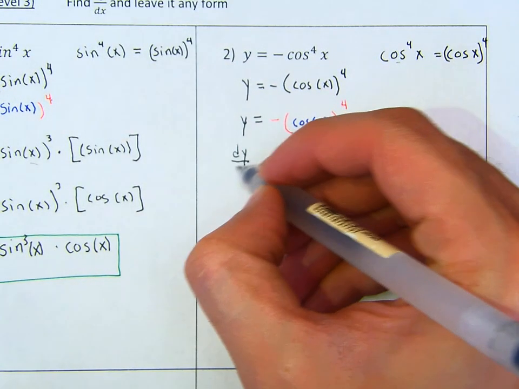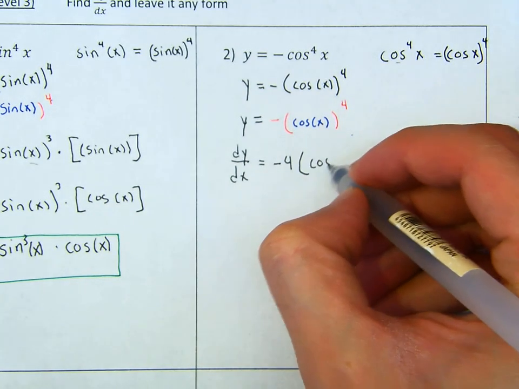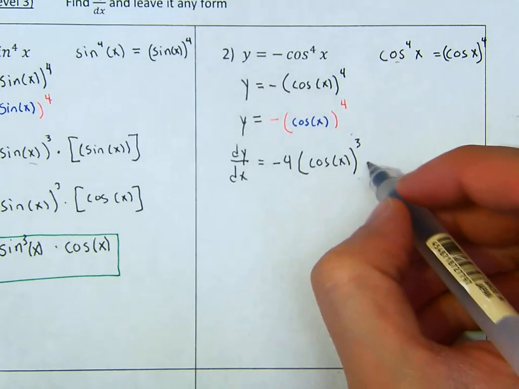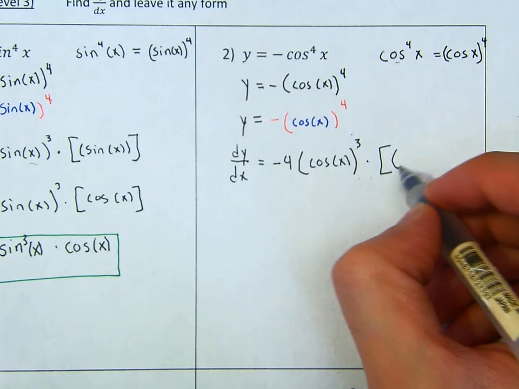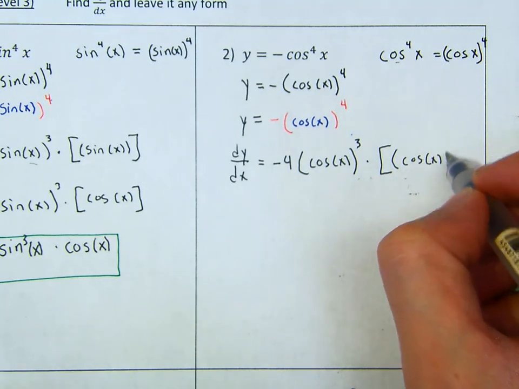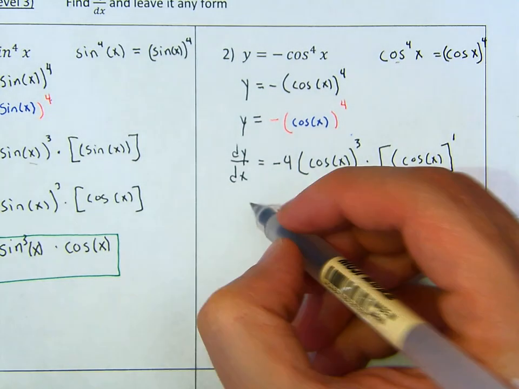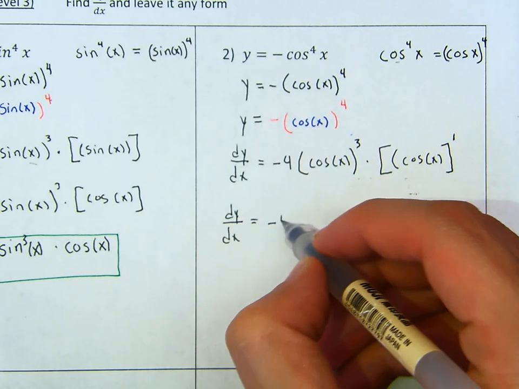So dy dx is equal to negative 4 cosine of x, the whole thing, 4 minus 1 is 3, times the derivative of the inside. This is cosine of x, and we're going to take the derivative of that. So dy dx is equal to negative 4.